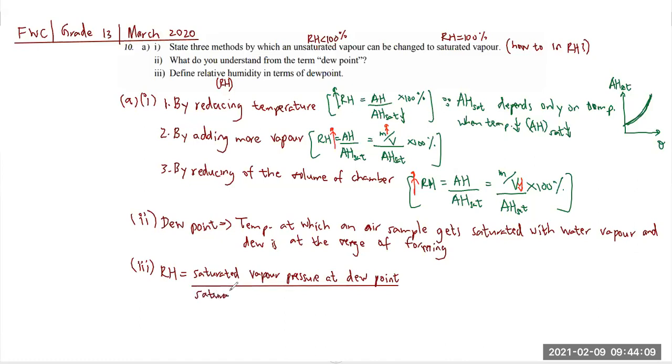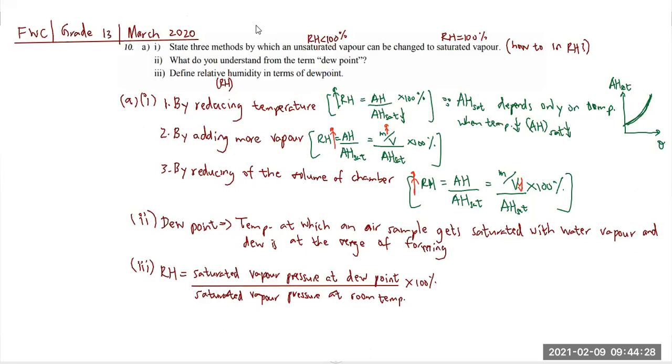That is the first one. In this equation, both must be saturated vapor pressure, and numerator dew point, denominator room temperature.